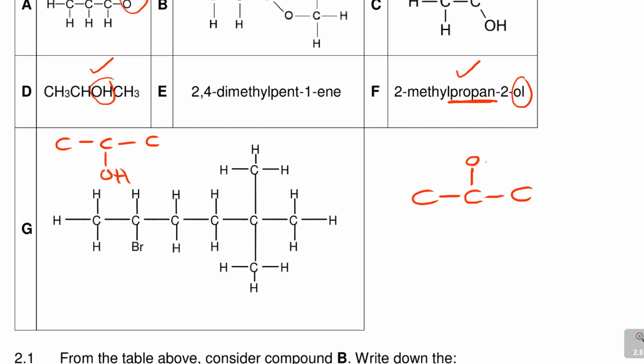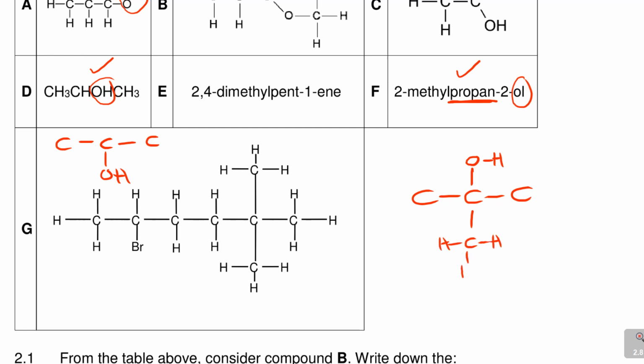Please be careful how you draw your OH. Don't do it like this, they'll penalize you because it's a structural formula, so you must show the bonds between the oxygen and the hydrogen. Then 2-methyl, again in carbon number 2, you have a methyl like this.